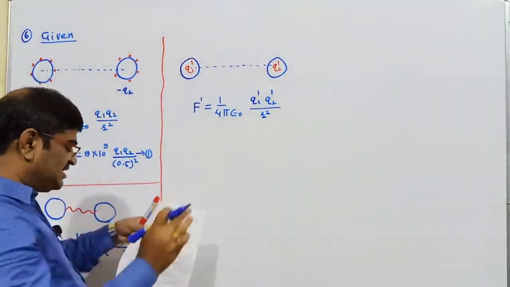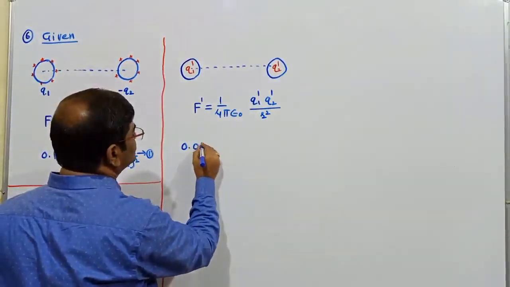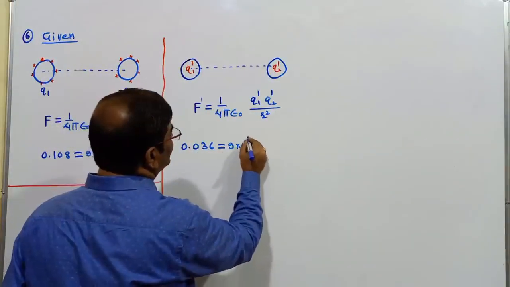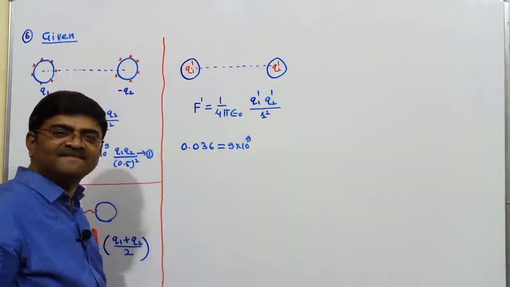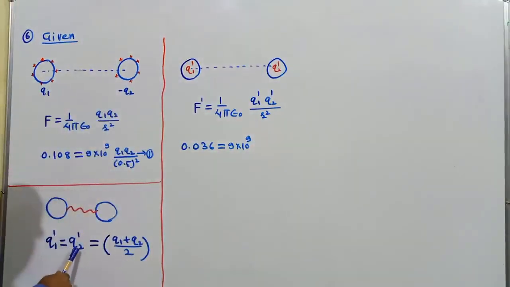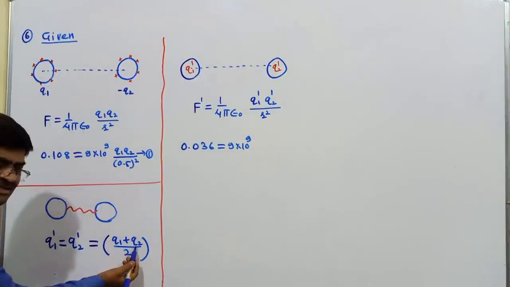F dash is given to me. How much is F dash? 0.036 equal to 9 into 10 to the power 9, Q1 dash, Q2 dash, I have got it. Q1 dash equal to Q2 dash, and that is equal to Q1 plus Q2. In the present case, this is a negative charge, I have taken one of that.